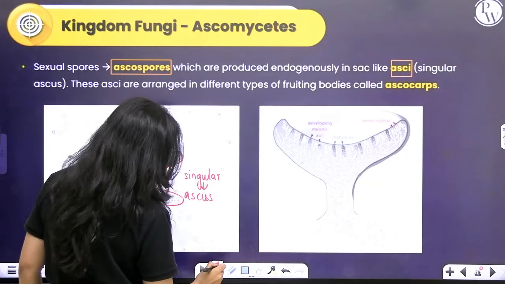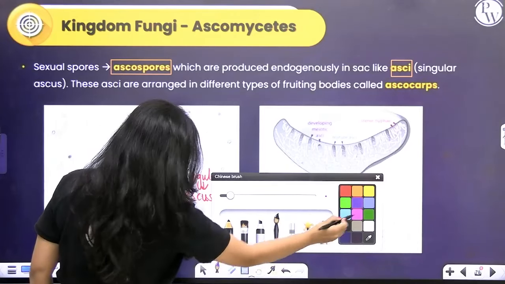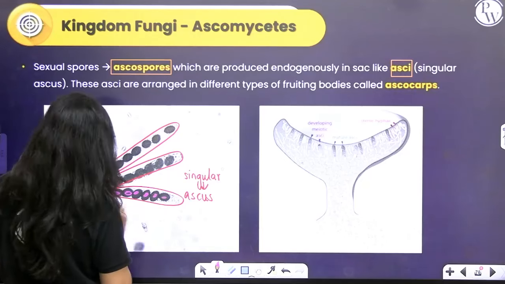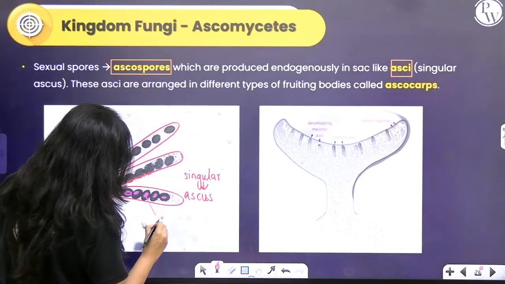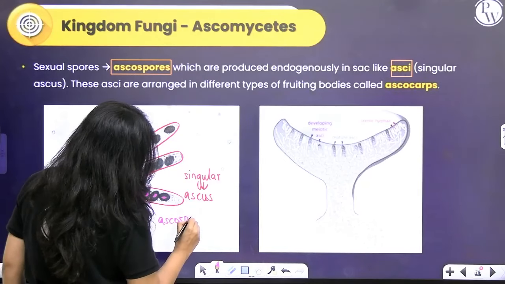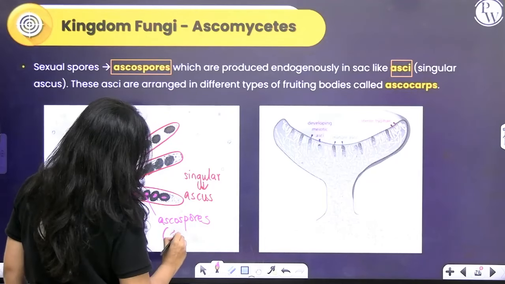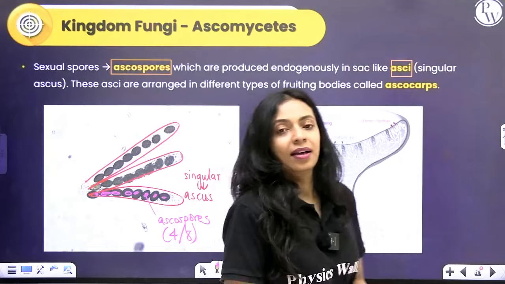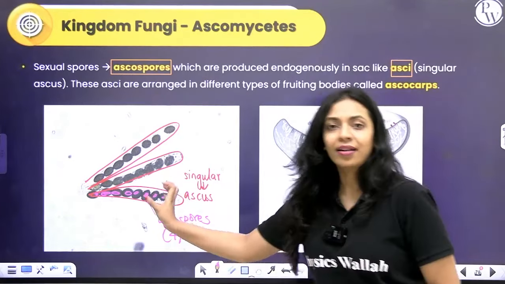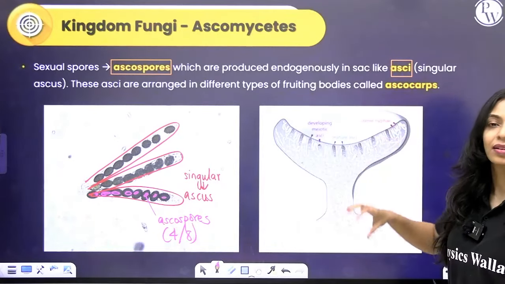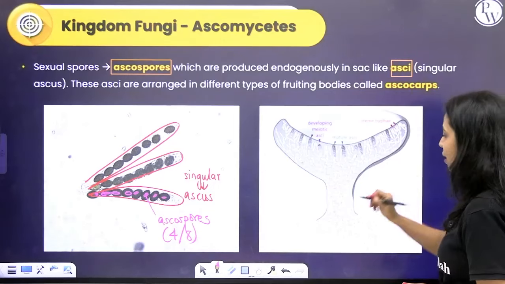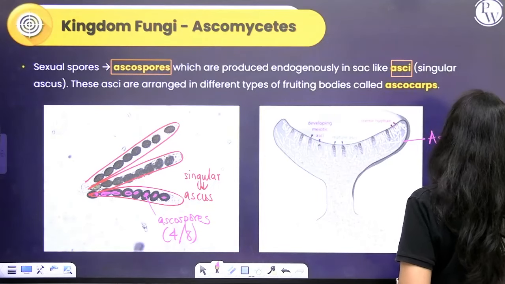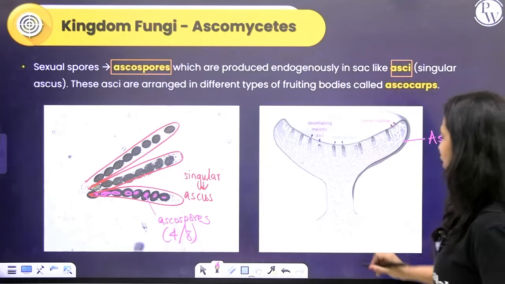Within this ascus, you can see the formation of spores. These are called ascospores. Within each ascus, there will be either 4 or 8 ascospores present. Now, these asci are present inside fruiting bodies that we call ascocarps. Carp means fruit, so this is a fruiting body.